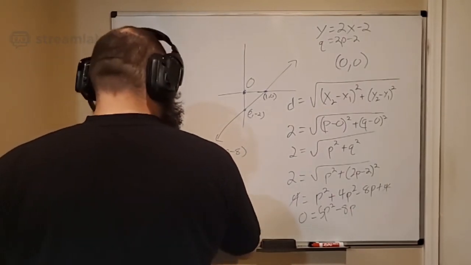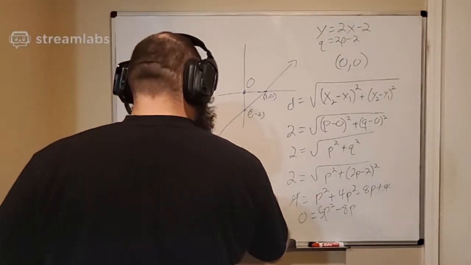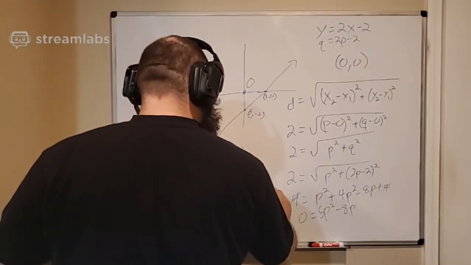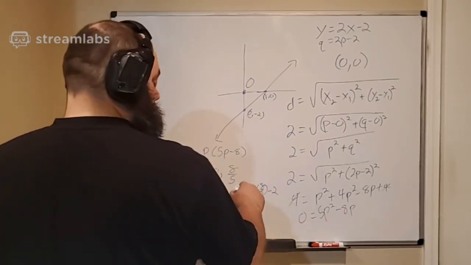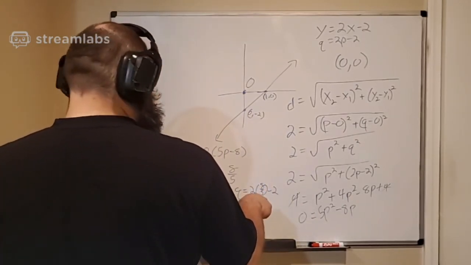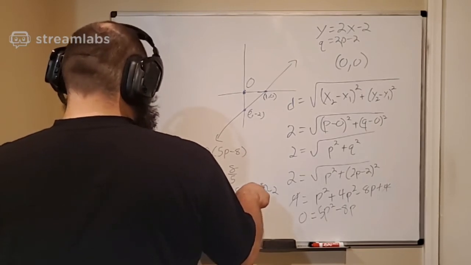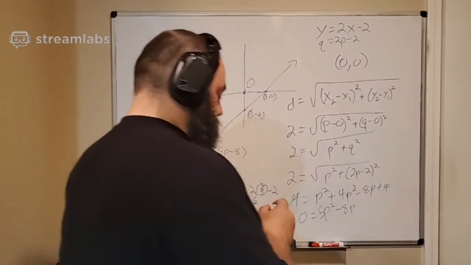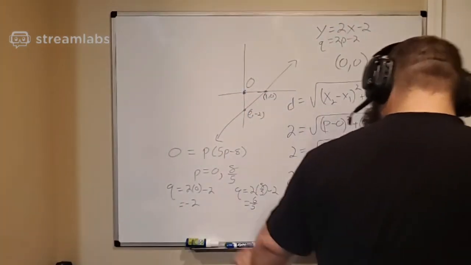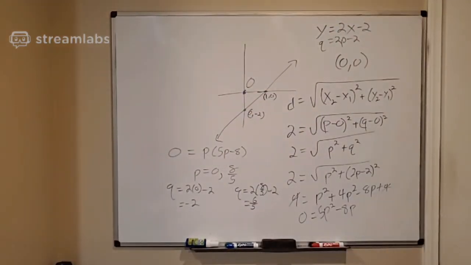And q is equal to 2 times 8/5 minus 2. 16/5 minus 10/5, so 6/5. If I did those fractions right in my head. Looks like I did.